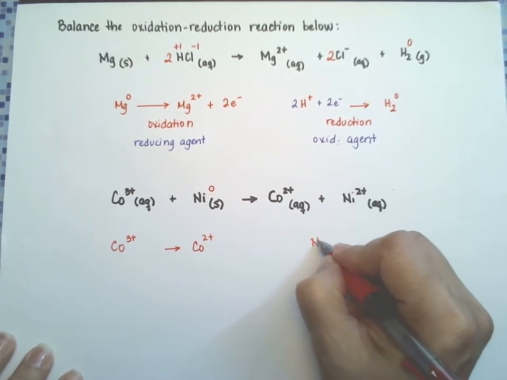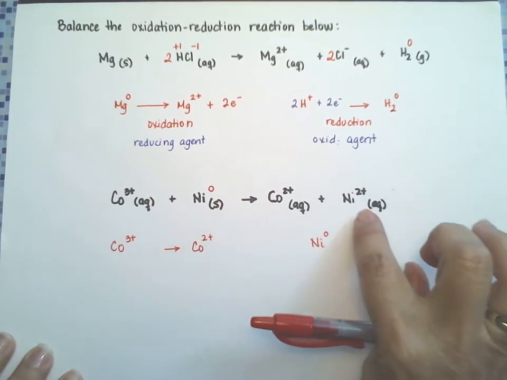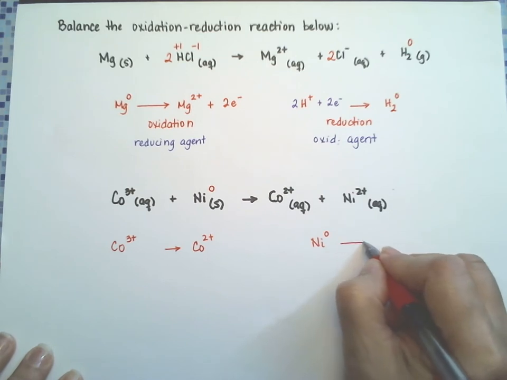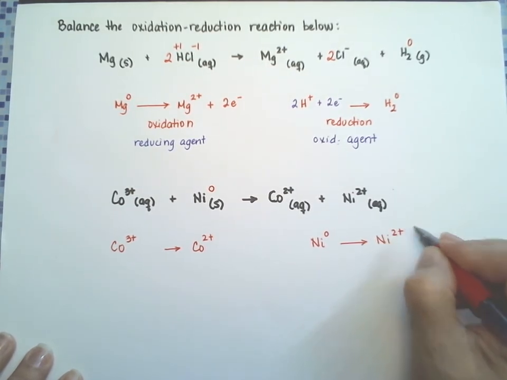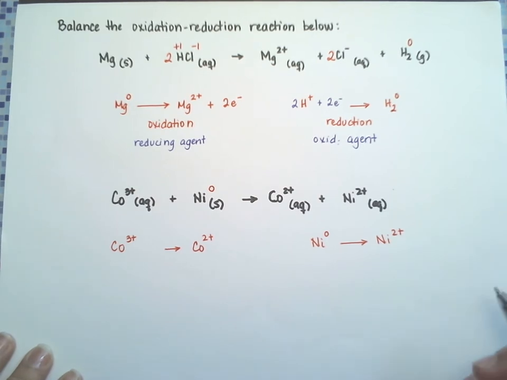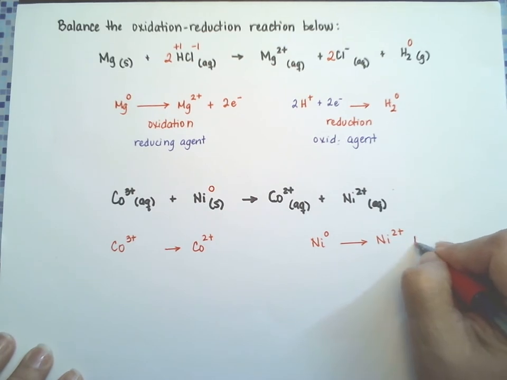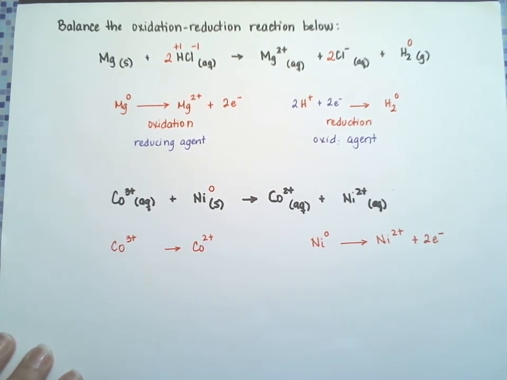Nickel goes from 0 over here and it gets oxidized to nickel 2 plus. 0 to 2 plus, that means that the nickel got rid of 2 electrons.